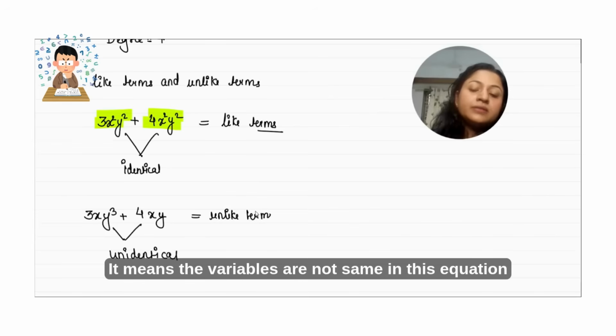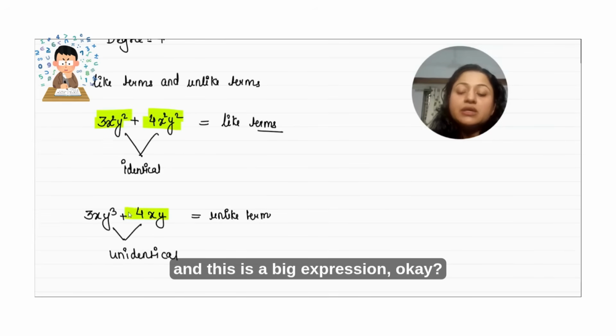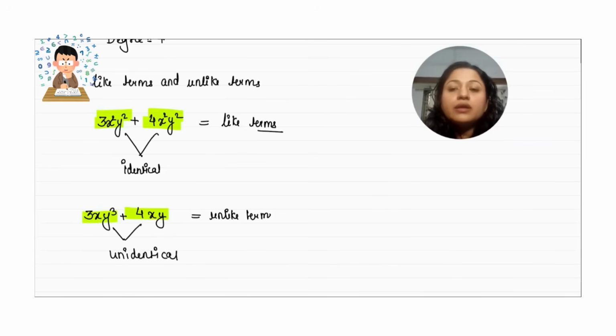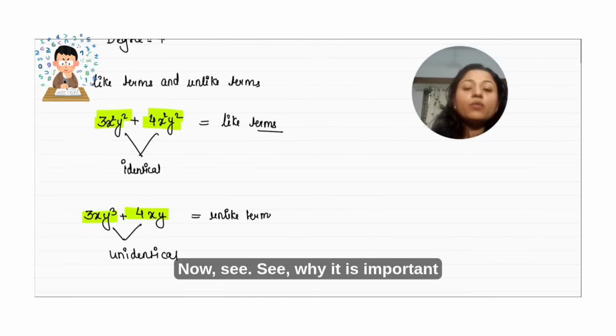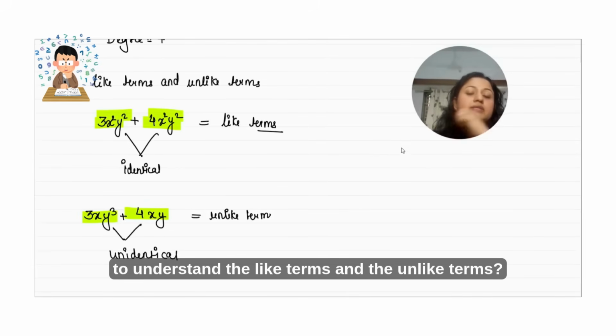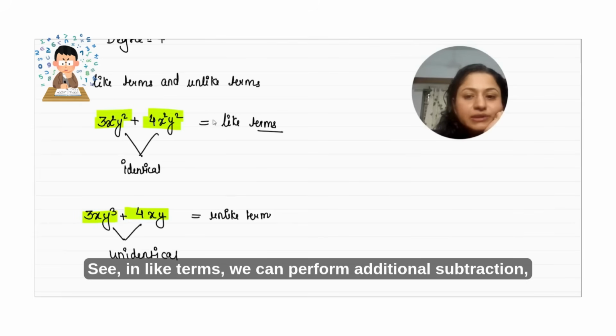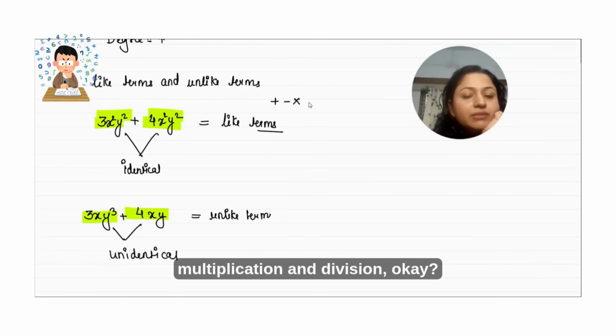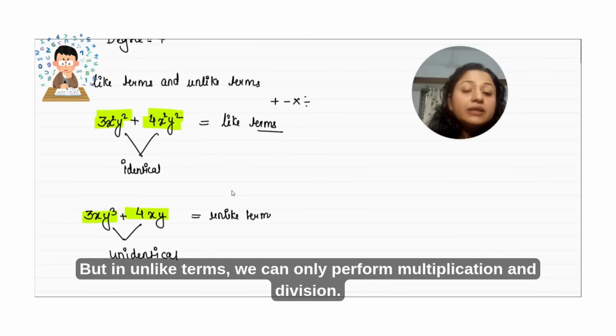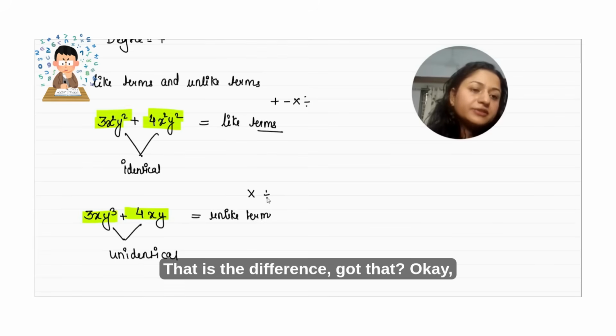It means the variables are not the same in this algebraic expression. Now see why it is important to understand like terms and unlike terms. In like terms we can perform addition, subtraction, multiplication and division. But in unlike terms we can only perform multiplication and division. That's the difference. Got it?